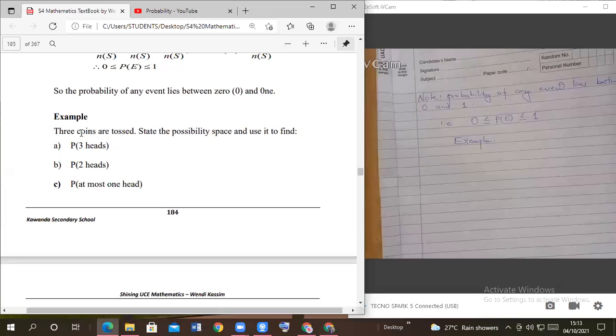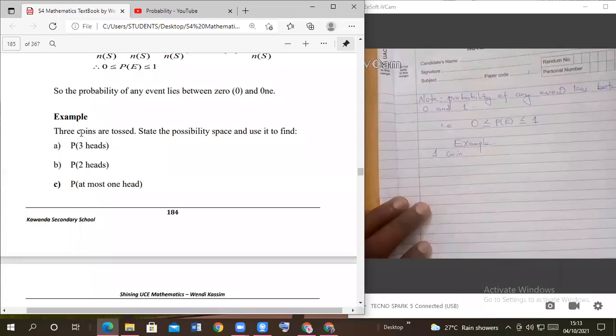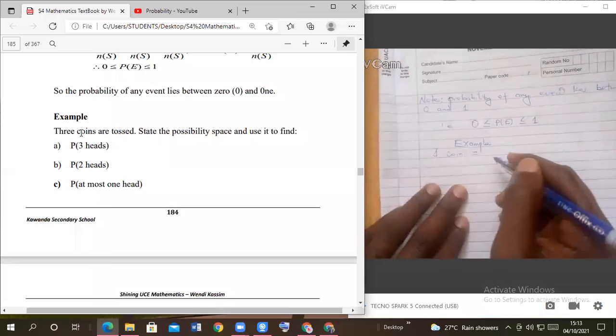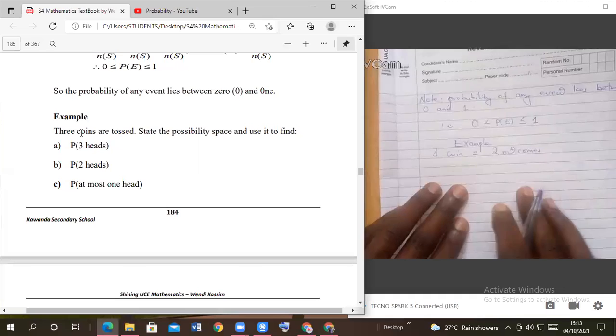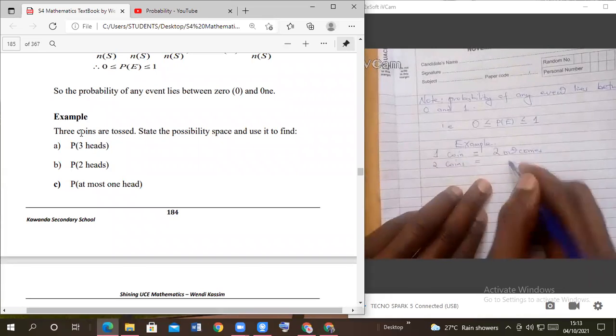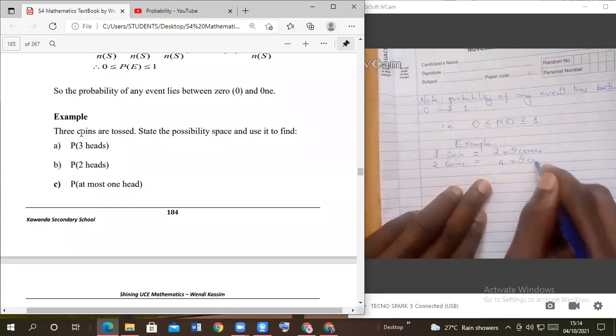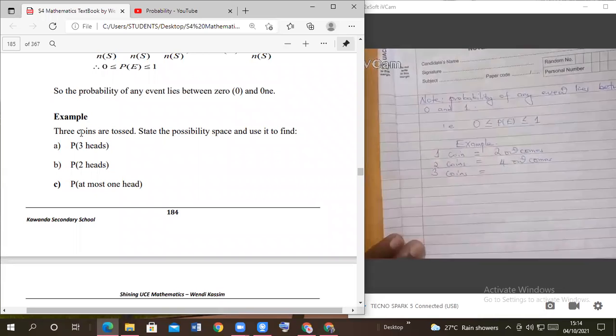Now, if it was only 1 coin, members, how many outcomes did we have? 2 outcomes. If there are 2 coins, we got 4 outcomes. Now there are 3. What would be our possible outcomes?